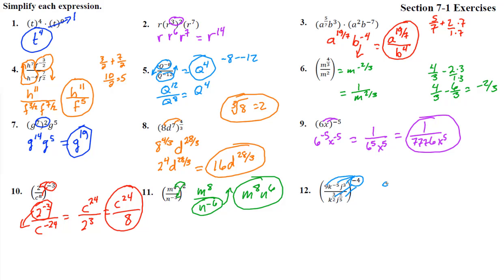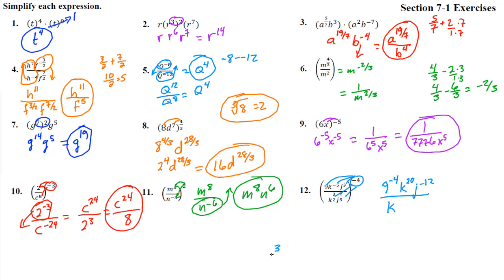So we get a 9 to the -4, k to the -5 to the -4. That's the power rule, so we're multiplying. That's a positive 20, multiplying those exponents. Notice the -4 doesn't multiply the 9. It's not a -36. This is just an exponent, but when you have an exponent to an exponent, that's when you multiply. j to the -12 over k to the 3/2 times -4.